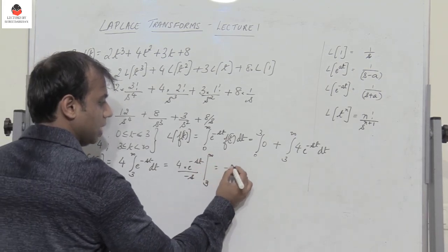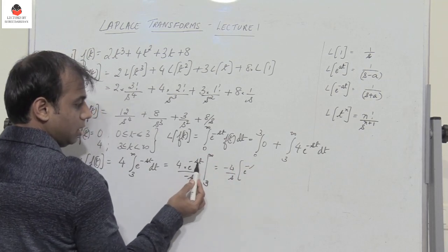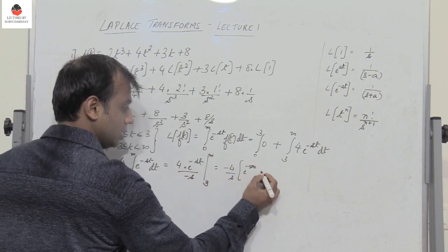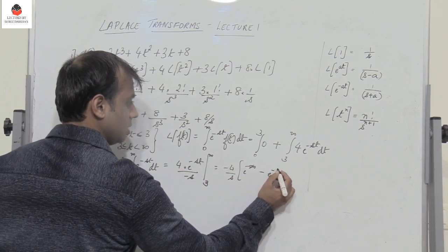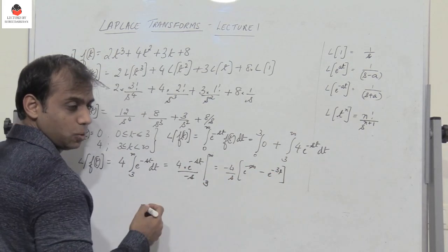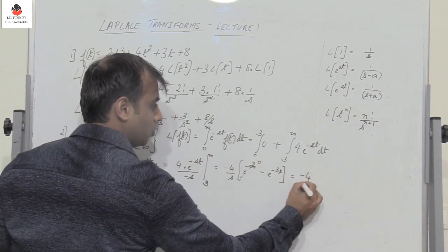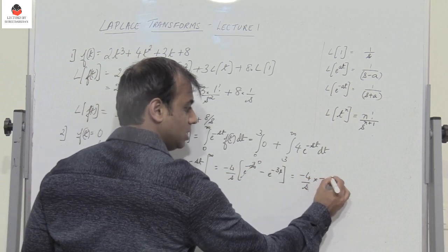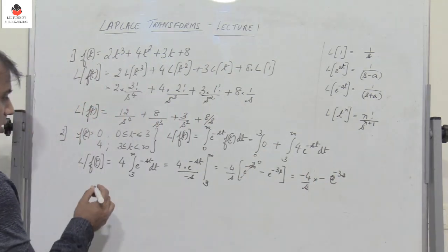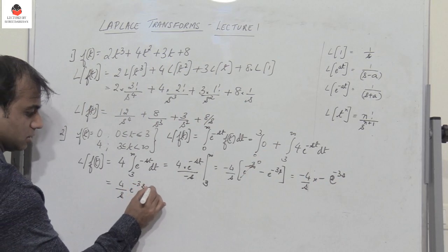So you have minus 4 by s times e power minus infinity, since s into t, t is infinity, minus e power minus 3s. So e power minus infinity of course is 0, right? So this is 0. So you get minus 4 by s into minus e power minus 3s. So minus into minus is plus. So therefore the answer is 4 by s into e power minus 3s.